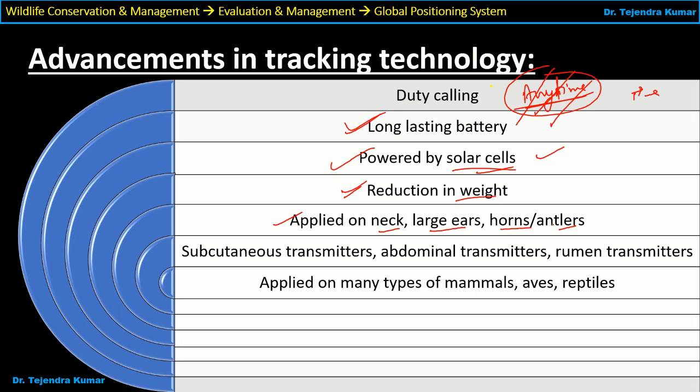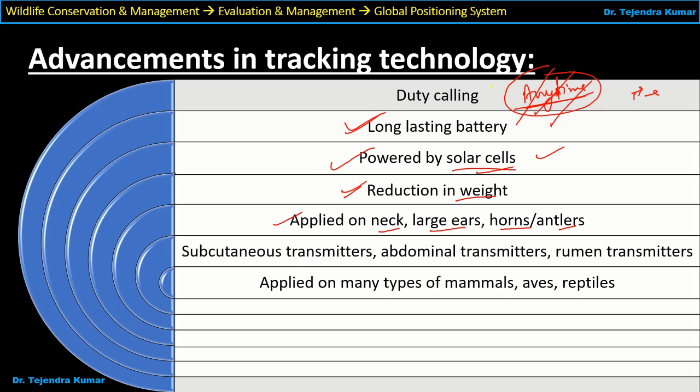So you need not continually capture the animal and release or resize it. No, it is not required. You can place it on other body parts as well, like the neck, or if not the neck, then the ear if they are large, horns or antlers. These parts can also be utilized.